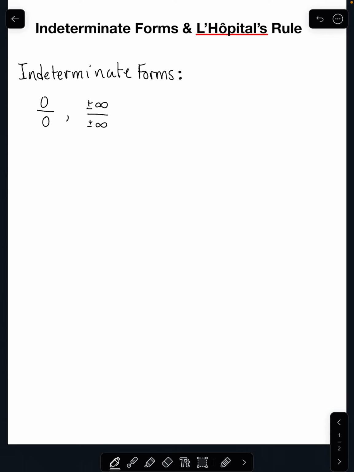And that's the important thing to realize here, that we're not talking about a fraction where we actually have 0 or infinity in the numerator and denominator. We're talking about an expression that is approaching 0 or approaching positive or negative infinity in the top and bottom.